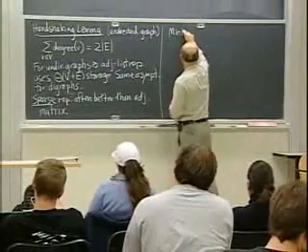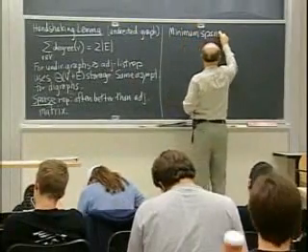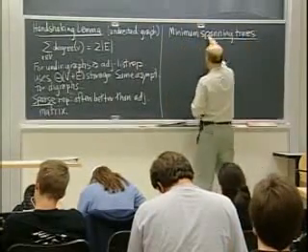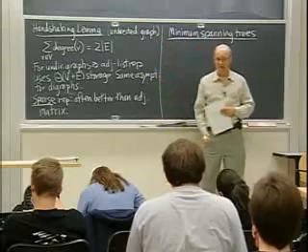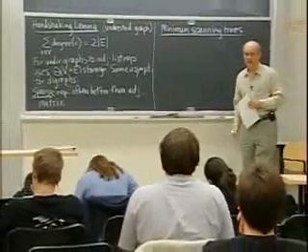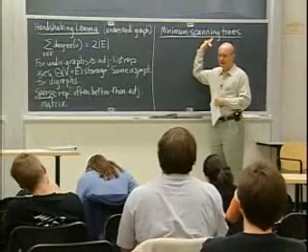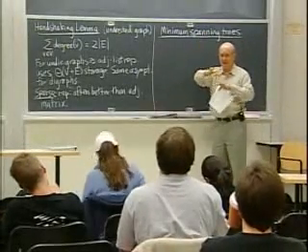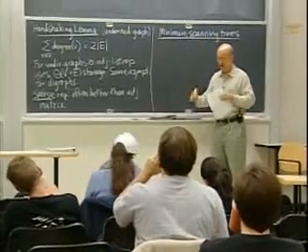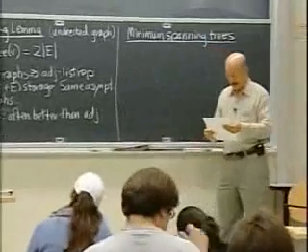Today we're going to talk about minimum spanning trees. This is one of the world's most important algorithms. It is important in distributed systems. It's one of the first things that almost any distributed system tries to find: a minimum spanning tree of the nodes that happen to be alive at any point.